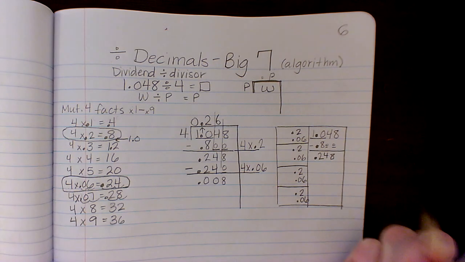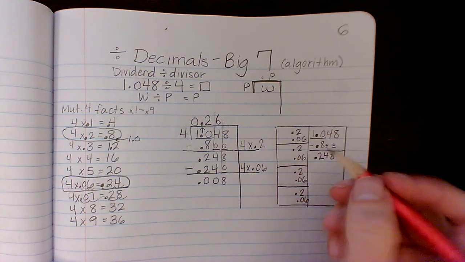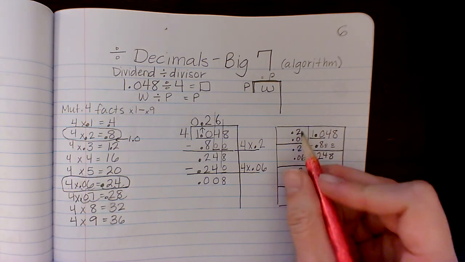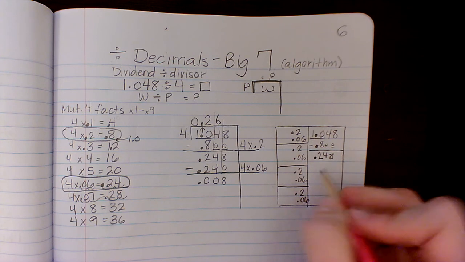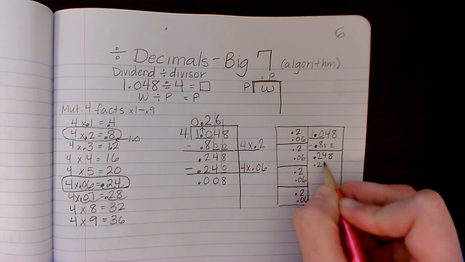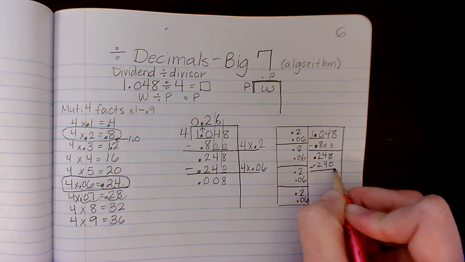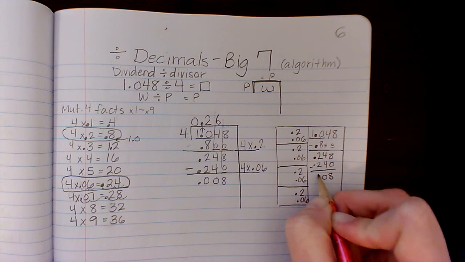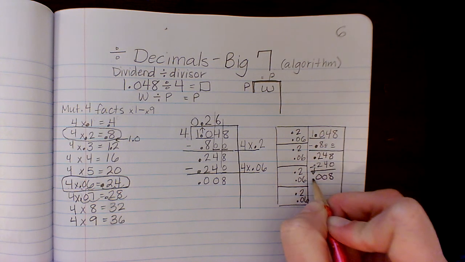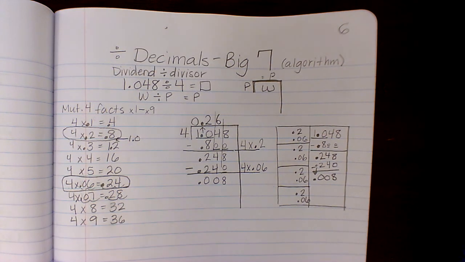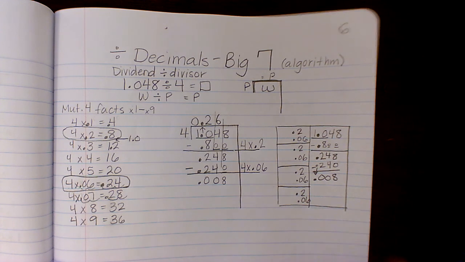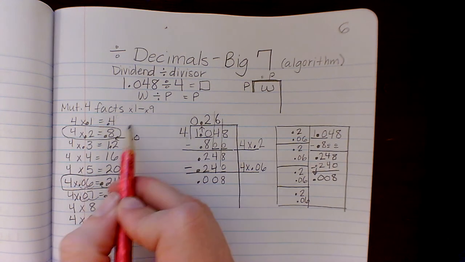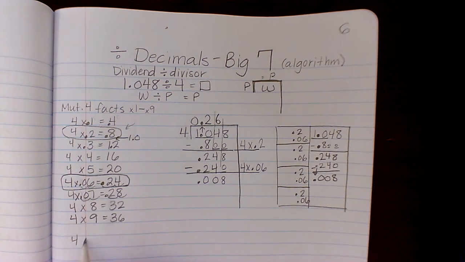So same thing over here, right? I'm just keeping track of how much I've used up, and so far this is everything that I have used up, and this is what I have left, and I have to make sure that this decimal gets there. So I know that 4 times 2 is 8, right? So this fact right here, 4 times 2 is 8.